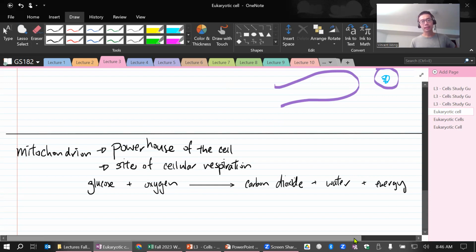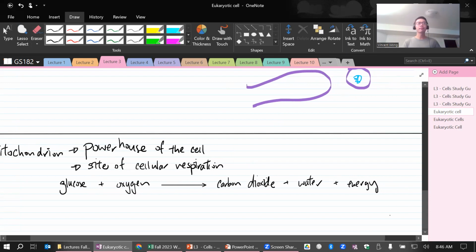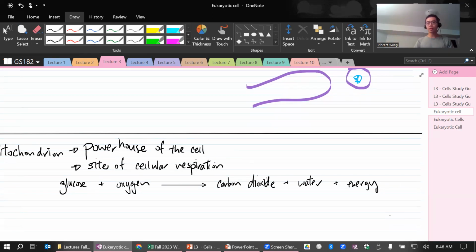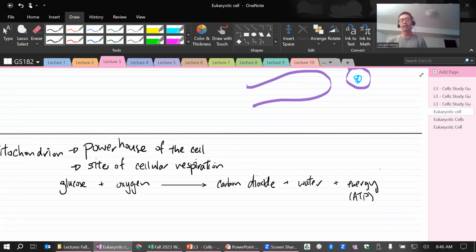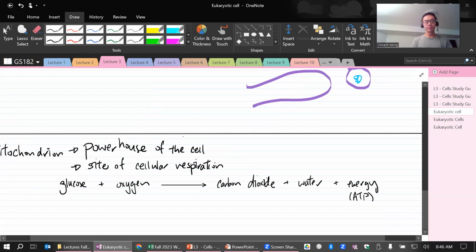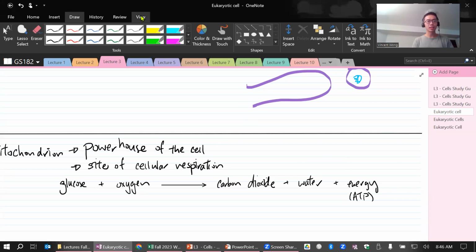Now, there are many different kinds of energy, right? You can have chemical energy, electrical energy, solar energy, wind energy, and so on. But the usable form of energy in the body is something called ATP. We'll talk more about that later. That's the currency of energy in a cell. So part of cellular respiration takes place in the mitochondria. That's the equation, the chemical process.